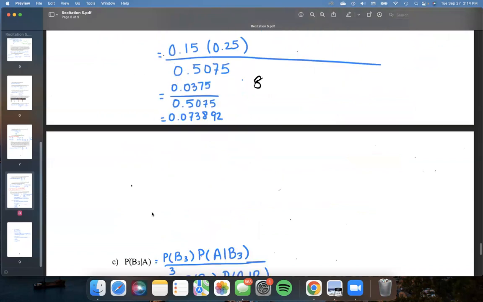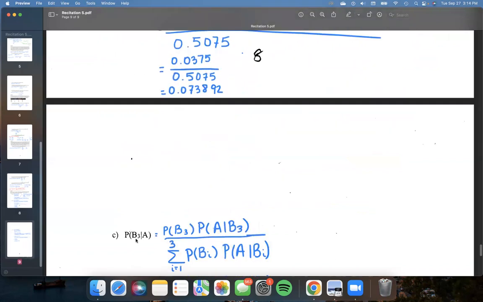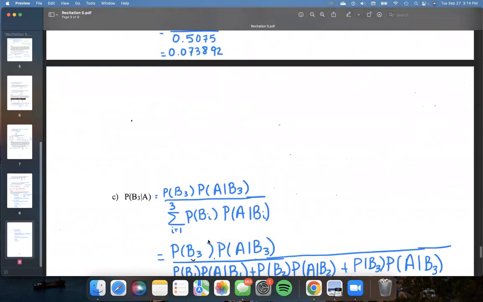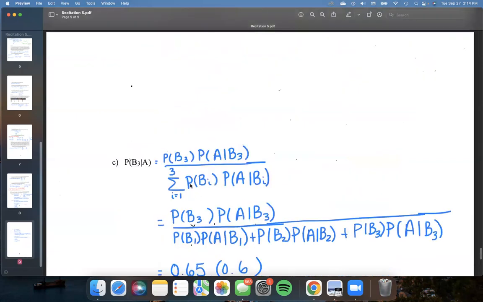Okay, and then the last one is the probability of B3 given A. Here you'll notice that our denominator stays the same as before, but our numerator changes because now we're doing B3.